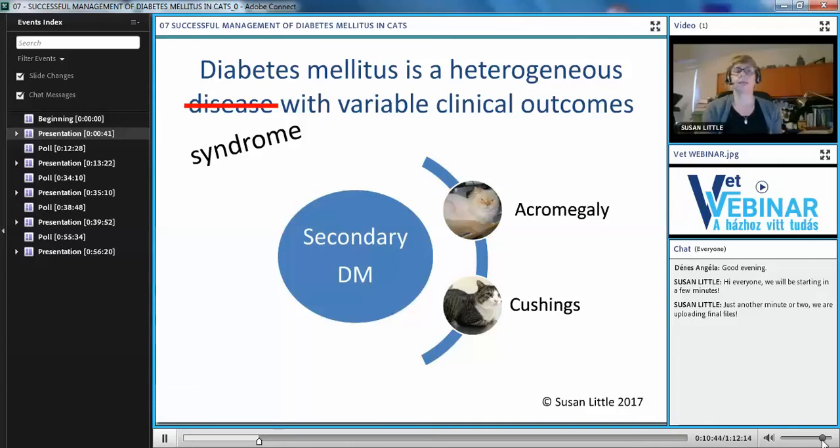And the other way that you'll know that they're not an ordinary diabetic, but diabetic with two endocrine diseases, is that typically these are cats that need very, very high doses of insulin to control them. So they might need 20, 30, 40 units of insulin, whereas we'll see the average cat needs somewhere between, say, 1 and 4 or 1 and 5 units of insulin. So that's often one of our clues that we might be dealing with a diabetic patient that has an additional endocrine disease. But again, that's less common.